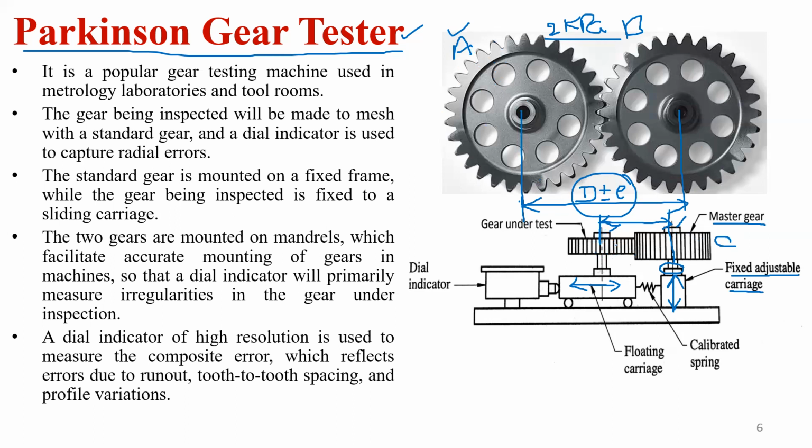Then we replace the slip gauges by gear A and rotate the two gears, the master gear and the gear under test. If there is any variation in the center distance of the two gears, the floating carriage will move. That movement is measured with the help of the dial indicator. It can also be measured with a main scale and a vernier scale, which is fixed to the table.